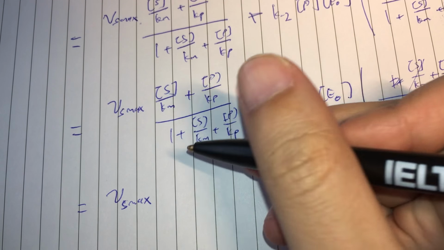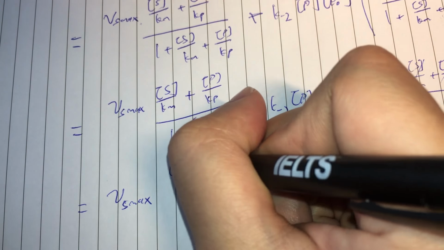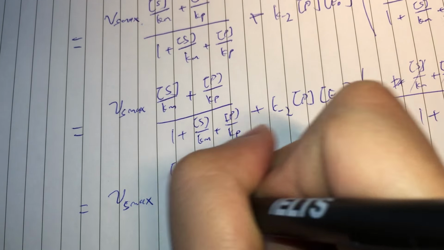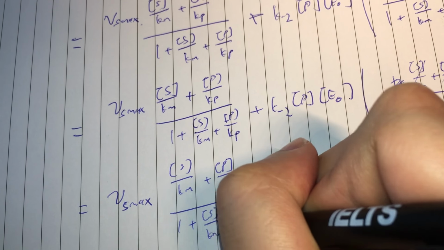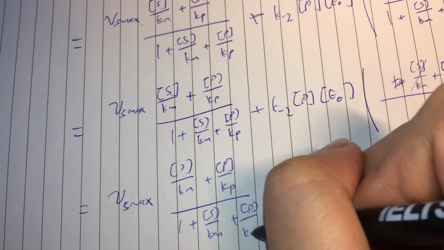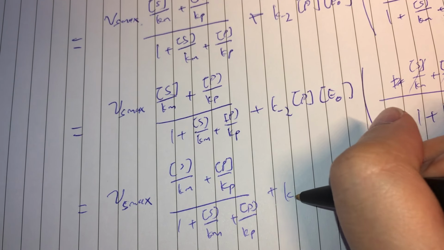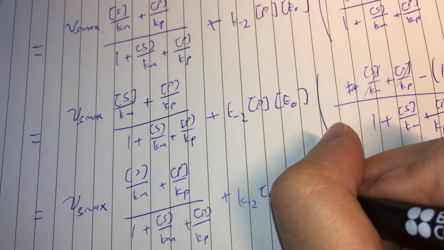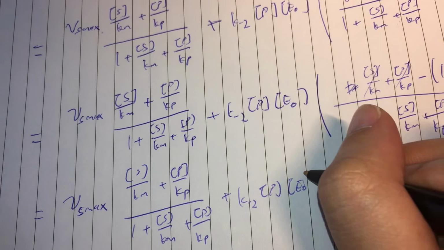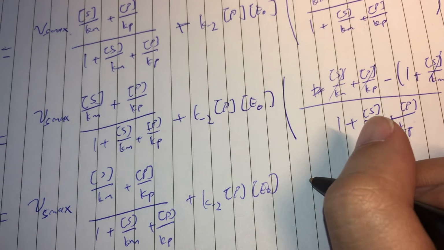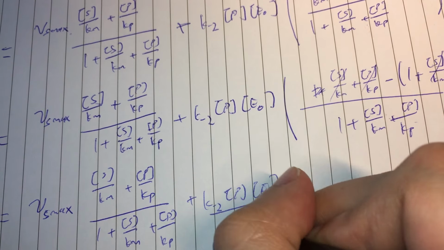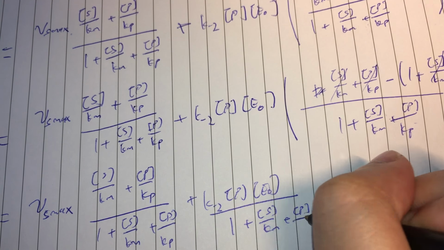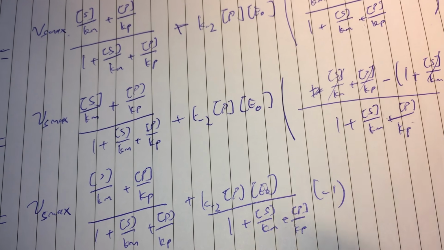We have the Vs max, S over Km plus P over Kp, over 1 plus S over Km plus P over Kp, plus K minus 2 P into E naught, over 1 plus S over Km plus P over Kp, the whole thing times negative 1.